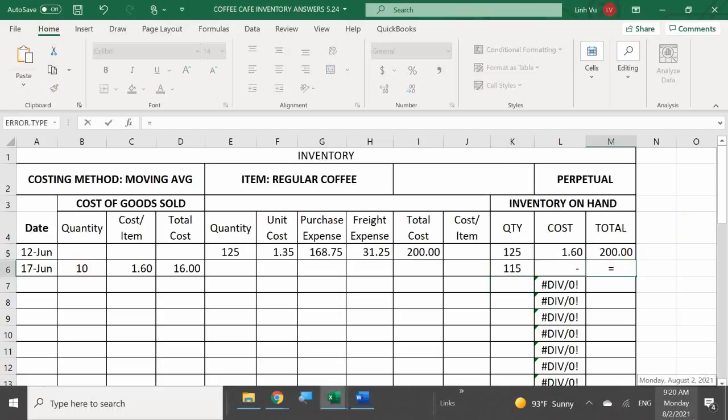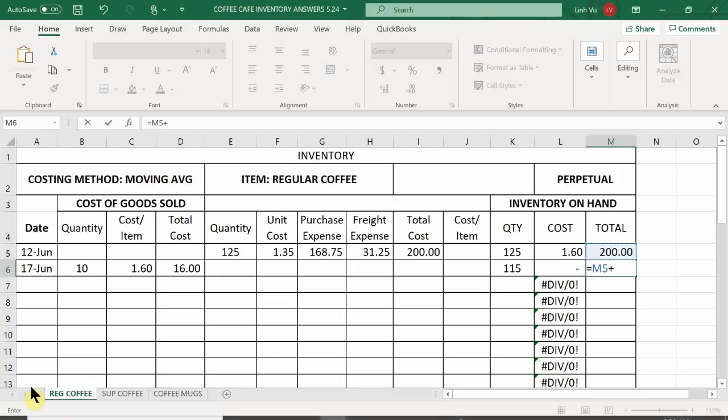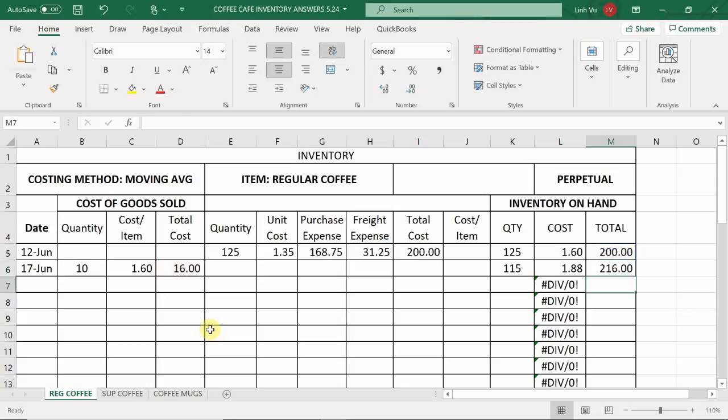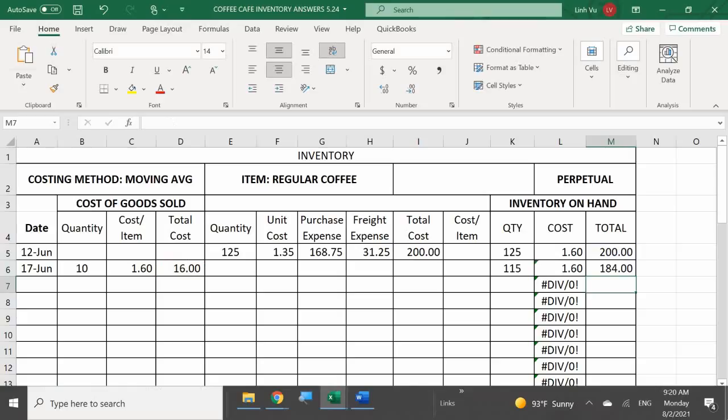Now for my total cost, if I started with $200 and I sold 16, how much should I have left in my total? 184. Actually, I think I added. Should be 85, right? Oh, no, 184.